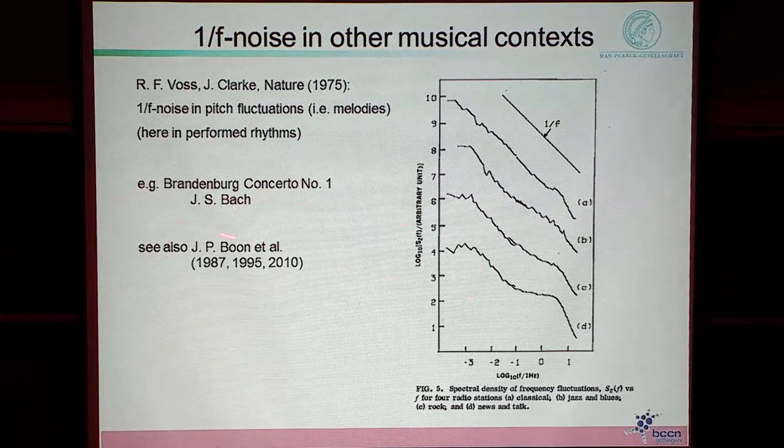Then they analyzed, for instance, the Brandenburg Concerto number 1, and they found this 1/f noise again, as you can see by the straight lines here. This is for different radio stations, classical, jazz, and blues, and so on. They all have this 1/f behavior.